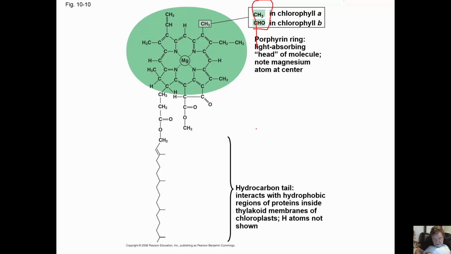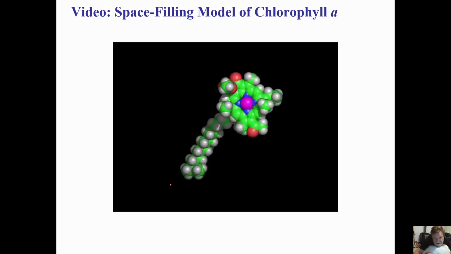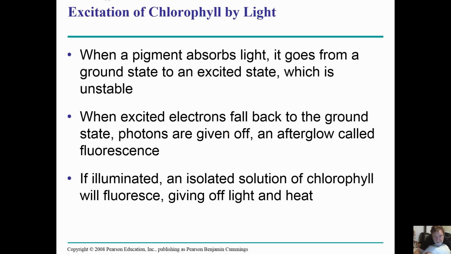And this is chlorophyll, and again, the difference between chlorophyll A and chlorophyll B. It's similar a little bit in a way to the phospholipids, in that we have a reactive head and a hydrophobic tail. Again, this allows the molecule to hang out in the membrane, and it looks something like this.